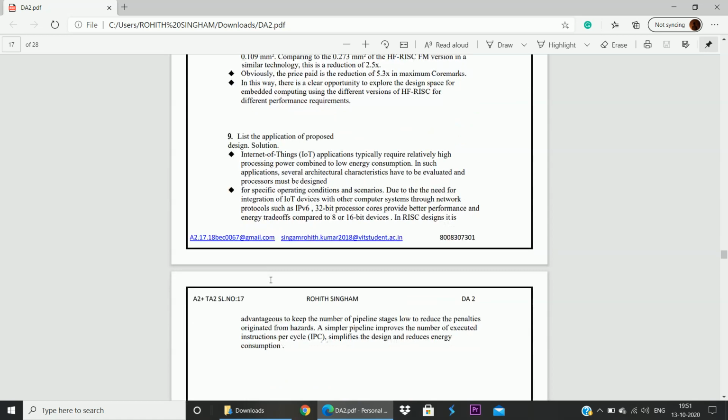And this is the ninth question. It's about listing the applications of the proposed design. IoT applications typically require relatively high processing power combined with low energy consumption. In such applications, several architectural characteristics have to be evaluated. So these are the applications I have mentioned here.